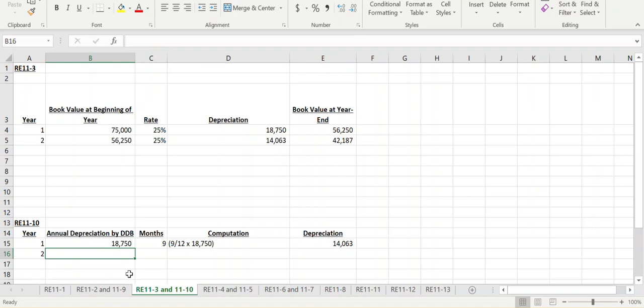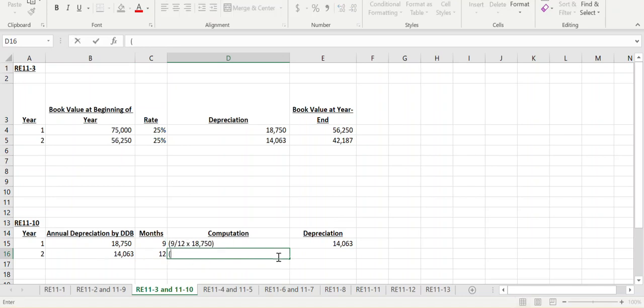In year 2, we know that if we owned it for the entire year, we would have had $14,063 in our total depreciation expense. In year 2, we have owned it for the entire year. However, we have to finish using up year 1 in order to move on to year 2.